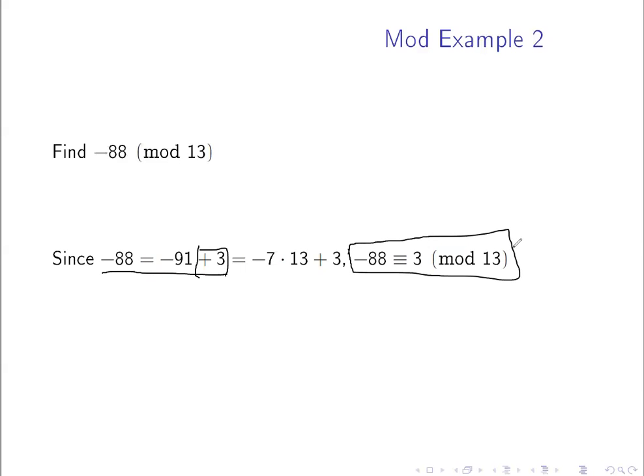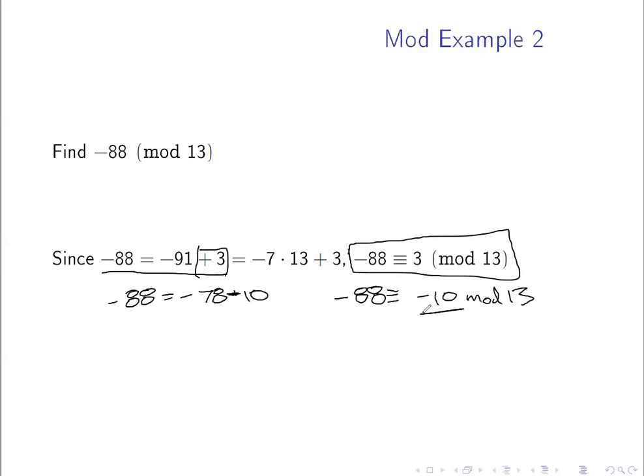Now, if you did this differently, hypothetically, you may have come up with negative 88 equals negative 78 minus 10. In which case, negative 88 is congruent to negative 10 mod 13.